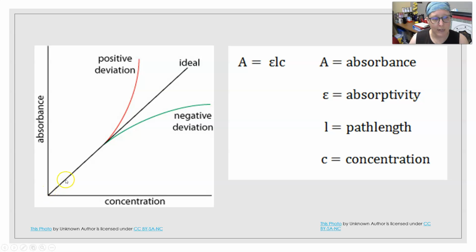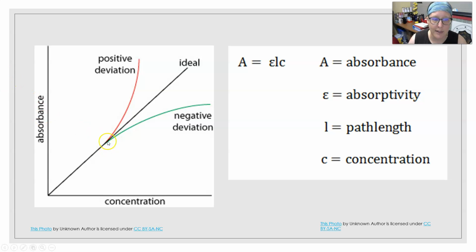As long as that relationship is linear or straight or predictable, so you can predict a concentration from the absorbance reading that you get, then the test is said to be linear in that range, and you are in the analytical measurement range for that test.